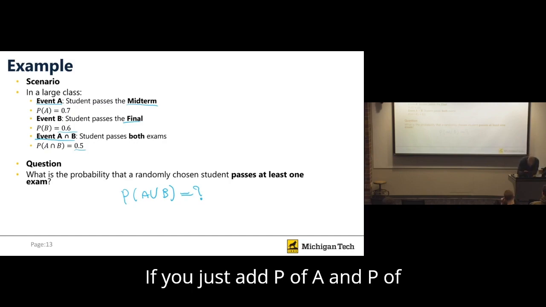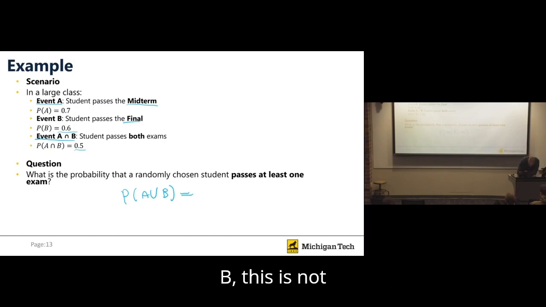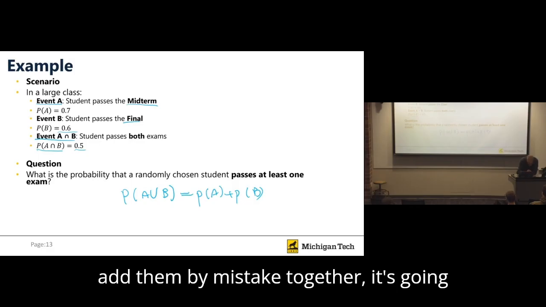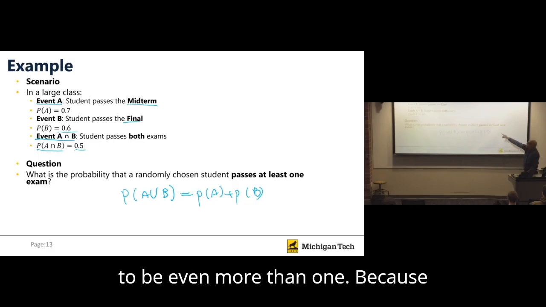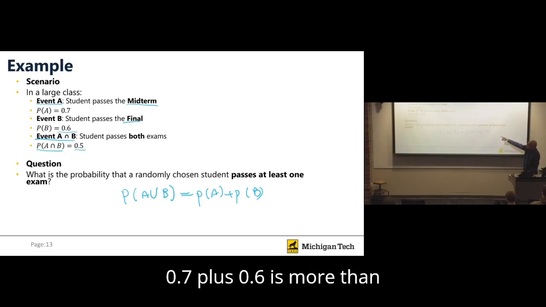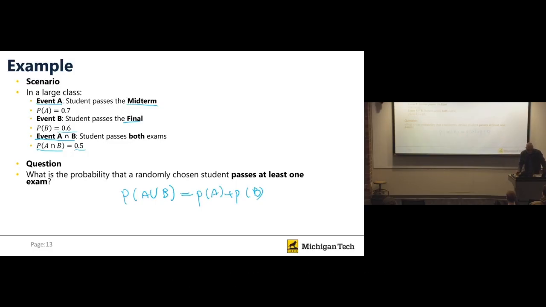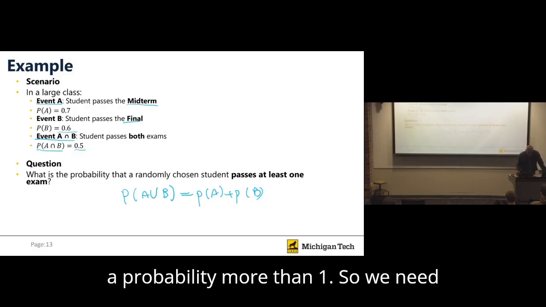If we just add P of A and P of B, this is not true because they are not mutually exclusive. And if you add them by mistake, it's going to be even more than 1, because 0.7 plus 0.6 is more than 1. It's not possible to have a probability more than 1.